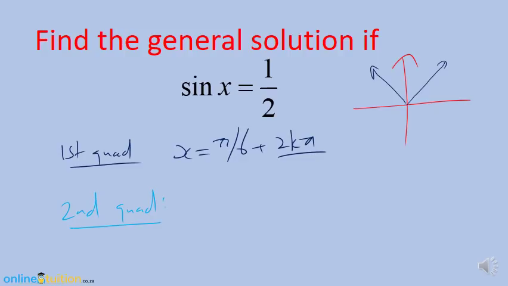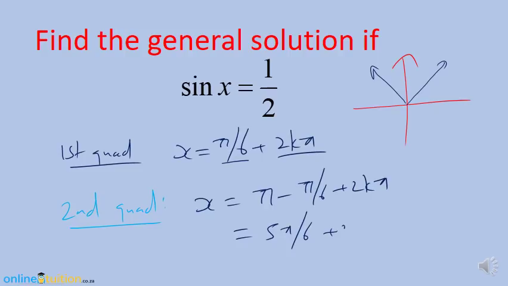It's always going to be x equal to pi minus that acute angle, which is pi by 6, plus 2k pi. And that should be 5 pi by 6 plus 2k pi. And remind us that k is an integer. And hopefully you know what an integer is. And there you have it, general solution. No problems, easy peasy. Let's move on.